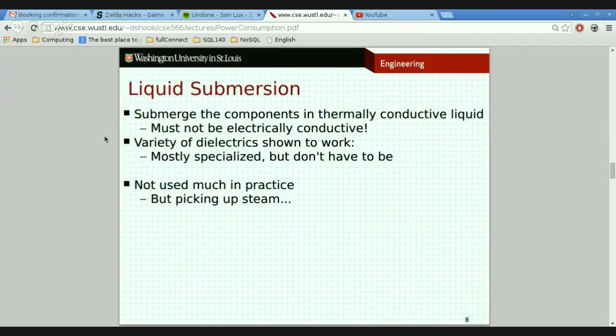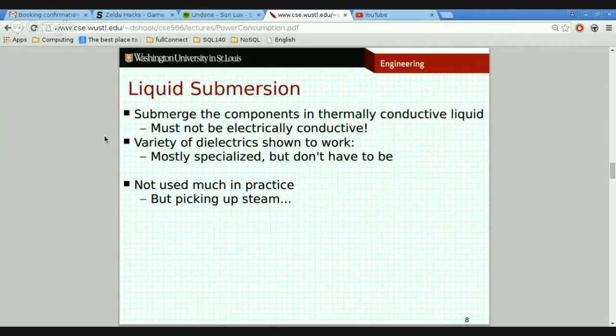What kinds of liquids do work? Typically dielectrics. So, we say dielectrics. What do we mean by that? Used oftentimes in capacitors, but, if you want, there's very specialized versions of dielectrics that you can go out and buy. But if you want to think of some common examples of dielectrics, cooking oil or motor oil or silicone oil would be examples of things that are good at conducting heat but will not conduct electricity.